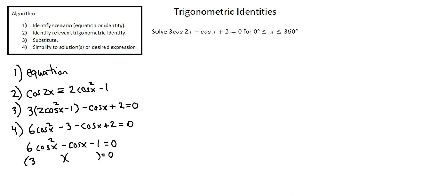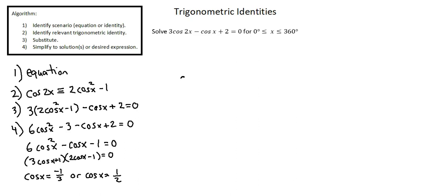With some trial and error, we get to 3 cosine x and 2 cosine x plus 1 and minus 1 equals 0. And our two solutions, cosine x equals negative 1/3, or cosine x equals 1/2.